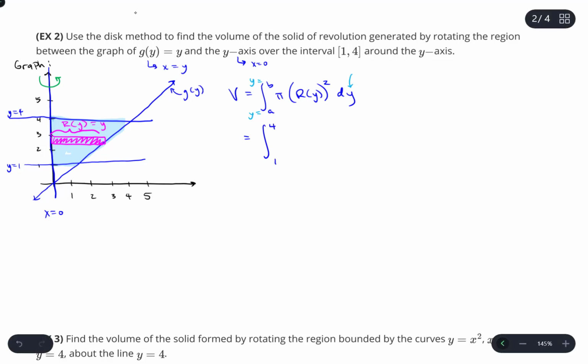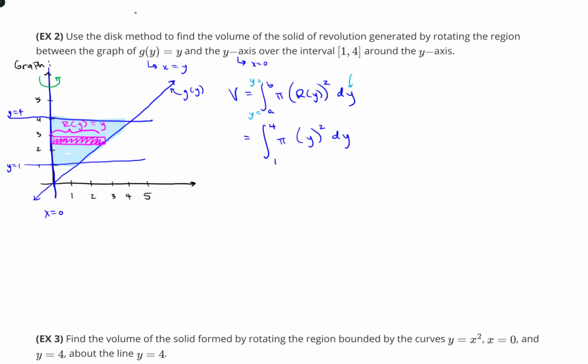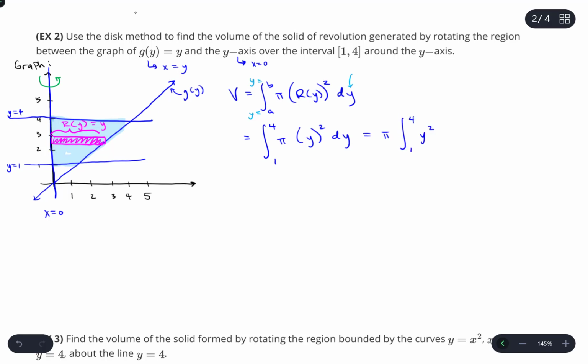So 1 to 4 on the y, and then it's pi times the function y squared dy. This honestly will probably take as much time to evaluate using fnInt as not, but I'll go ahead and use it here just so I don't make an arithmetic error.